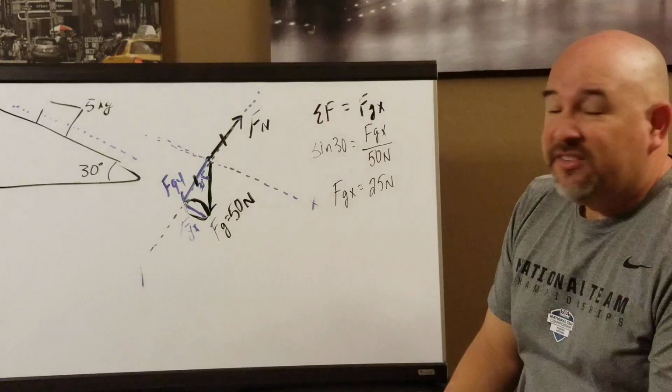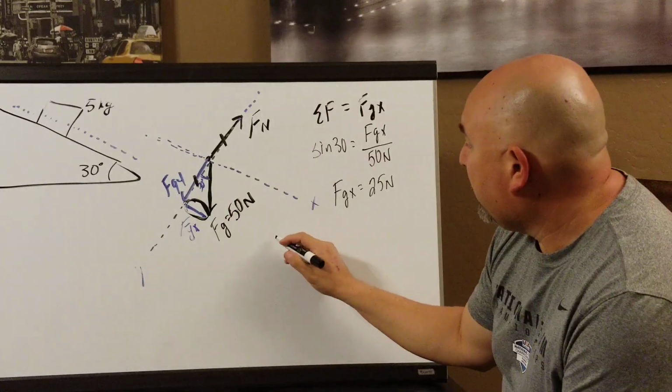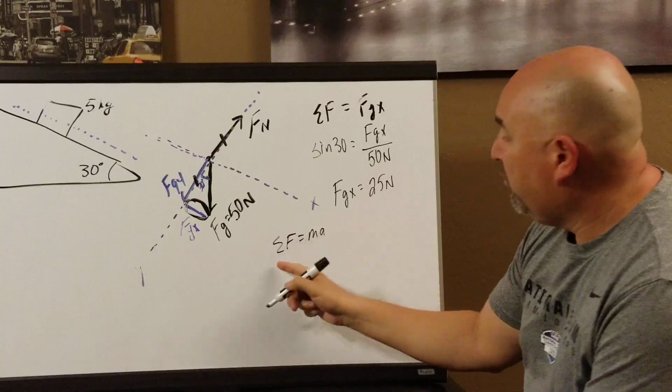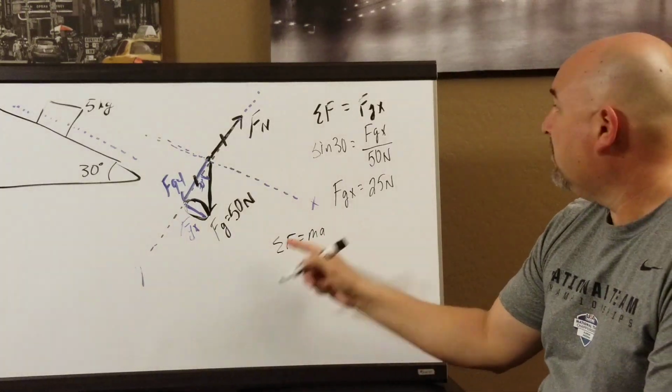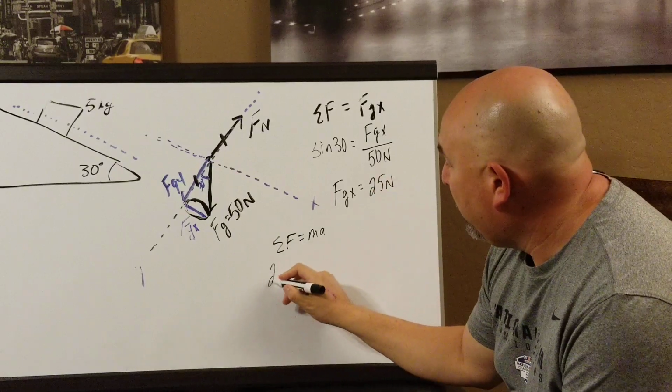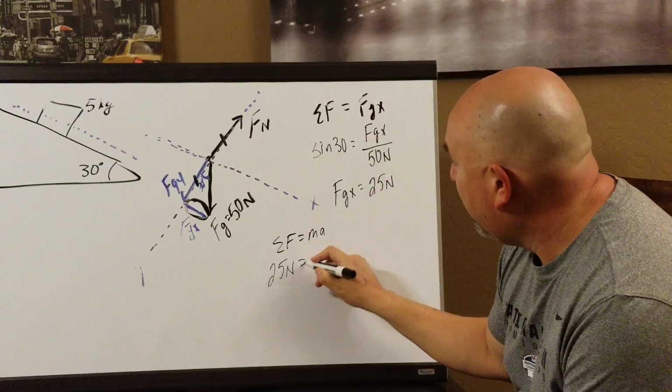So if my FGX is 25 newtons, I'm going to use Newton's second law and plug that in. My net force is just my FGX, which I just solved for. That's 25 newtons. So I'm going to plug that in, because that's my net force, like I said.